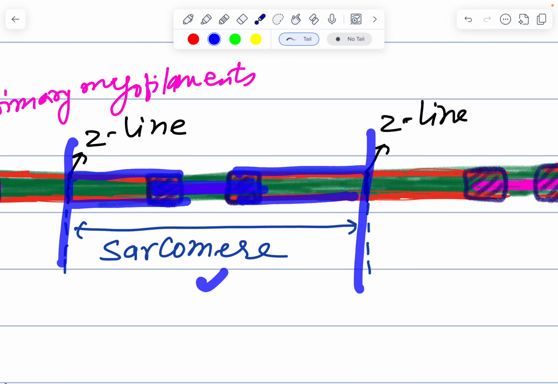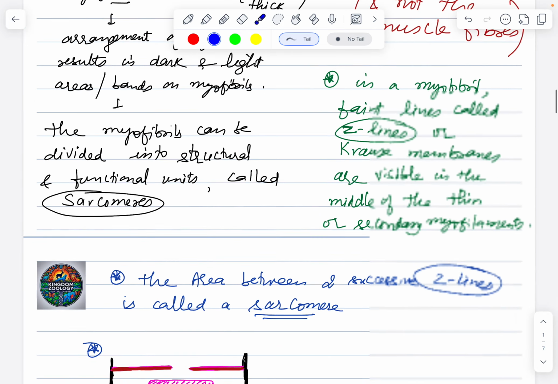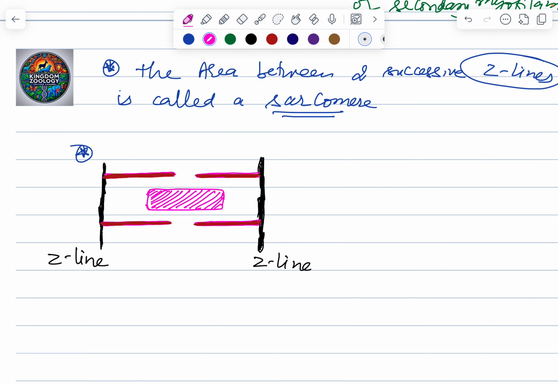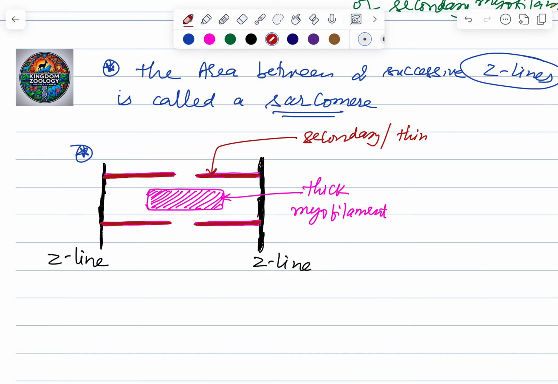So I've drawn the same structure over here: the Z lines, thin myofilaments and thick myofilament in the center, surrounded by secondary or thin myofilaments.